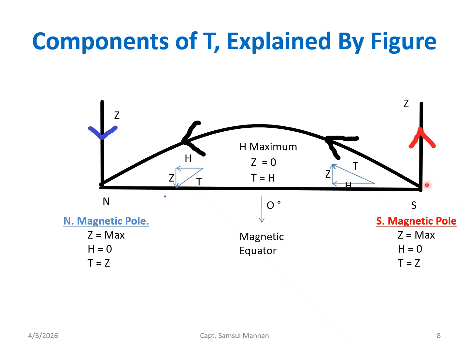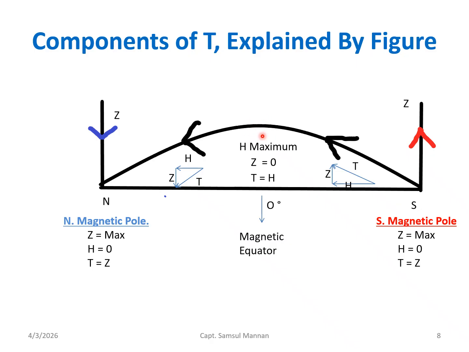Now let's start from the southern magnetic hemisphere. As we go through that line and come to the magnetic equator, here we don't have any vertical component, therefore the Earth's total magnetic force is equal to H, right?